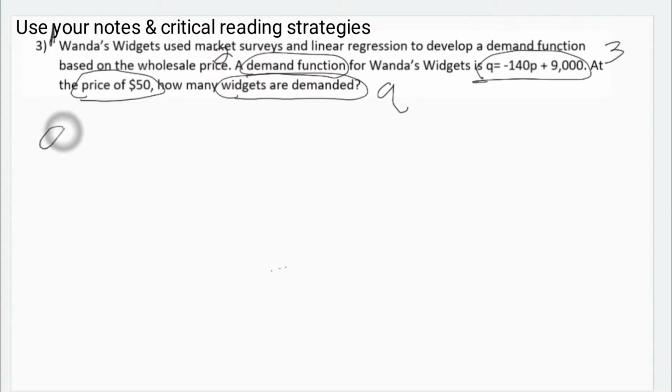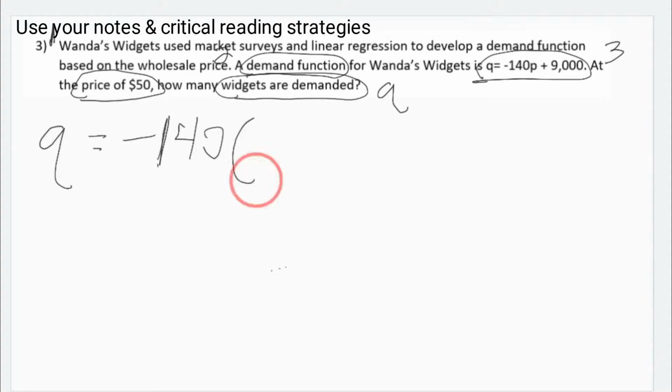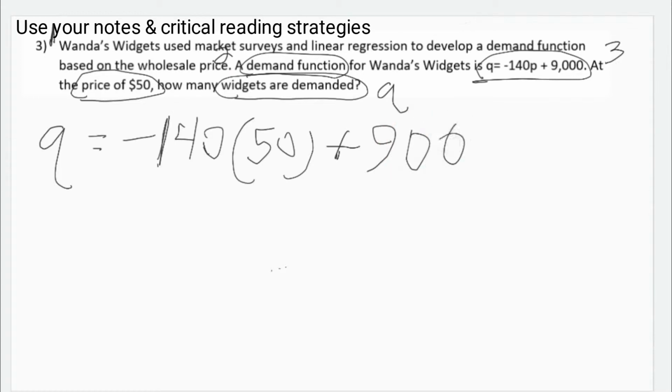So we're going to go ahead and substitute in. So the quantity is equal to negative 140 times, we're going to substitute in the 50, plus 9,000.